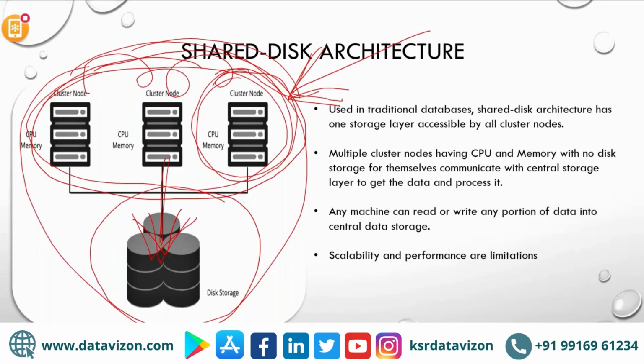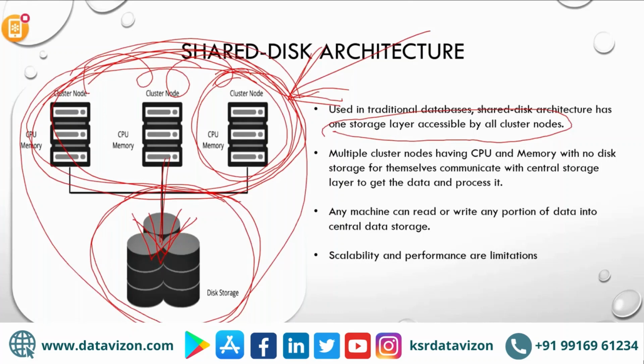Let's see the first statement here. It is used in traditional databases, like the on-premises ones we have used, which are mostly shared disk architecture. This was the traditional one and has been running for a very long time. Shared disk architecture has one storage layer accessible by all cluster nodes. However many clusters you have, everything accesses a single data storage.